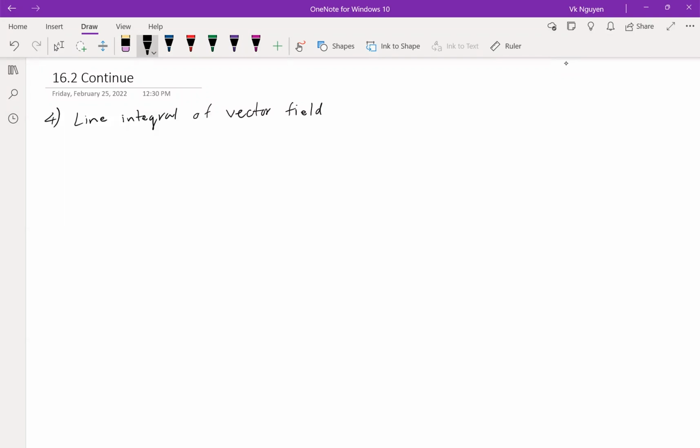Okay, well, a vector field is like a force field. So I'm going to draw a vector field here.